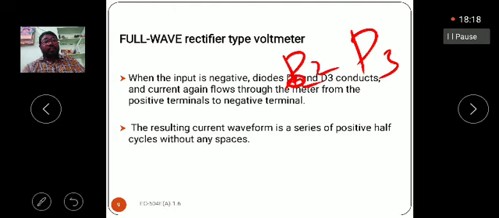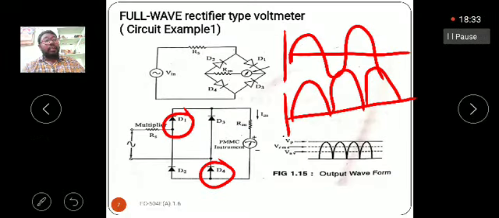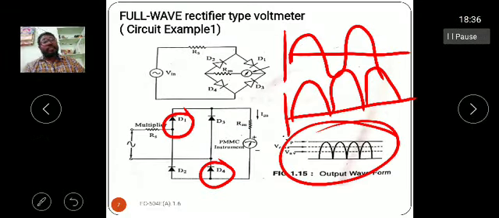Here we are discussing only 2 cases, the positive input signal and the negative input signal. The resulting current waveform is a series of positive half cycles without any spaces. The output waveform is like that, without any spaces.